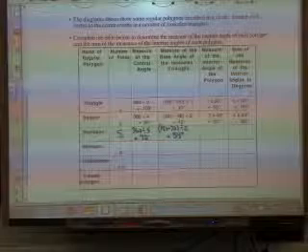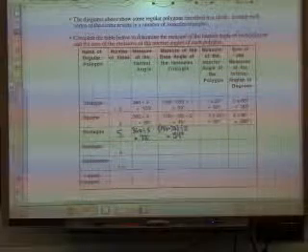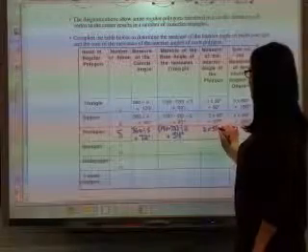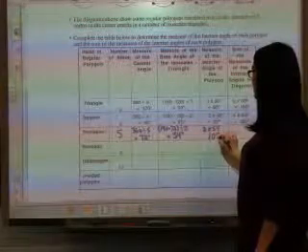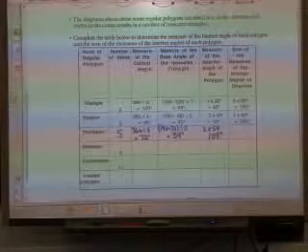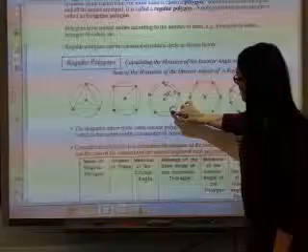And then the next part is the measure of the interior angle of the polygon. And we get that by doubling the base angle. So when I double the base angle, I get 108 degrees. That's finding this angle right here.